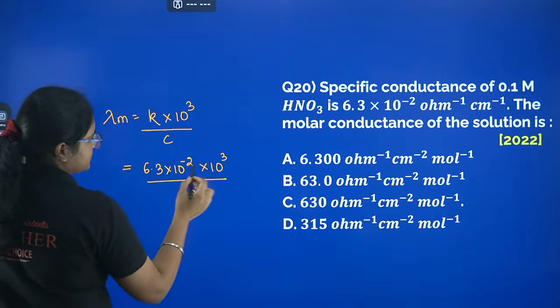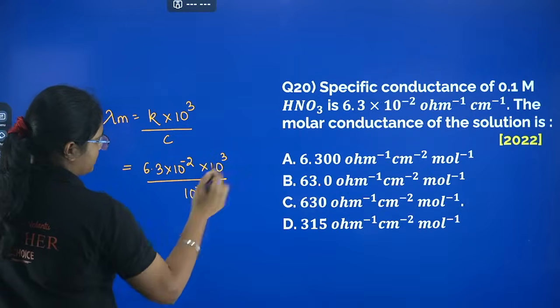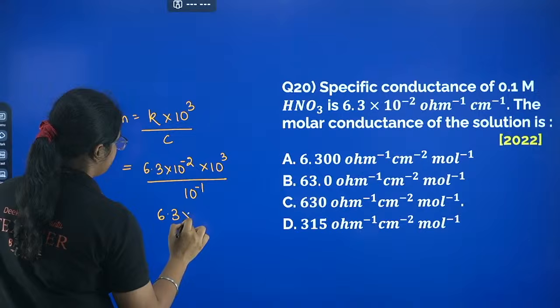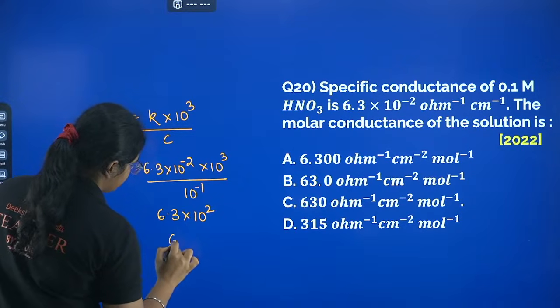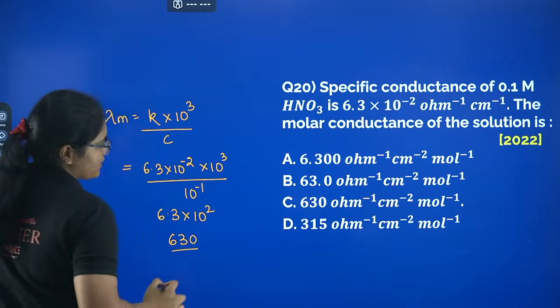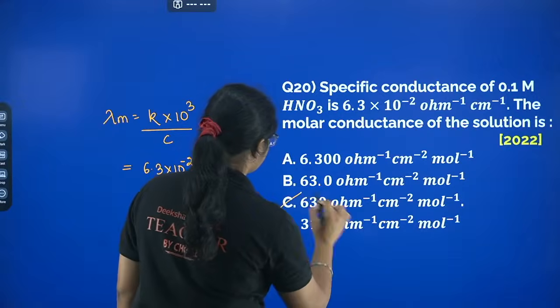Now you see 3 minus 2 is plus 1, this goes up, it is plus 2, so 6.3 into 10 to the power of 2. You will get here 630. So that is option number C.